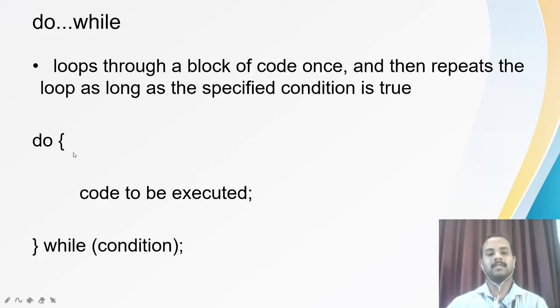So you have the code first and then the condition. The code belonging to the do while gets executed first, and then the condition is evaluated. If the condition is true, then it executes again and again, but as soon as it becomes false, it will come out. So it will execute at least once.